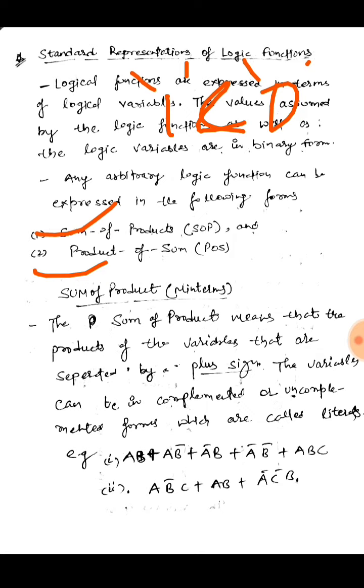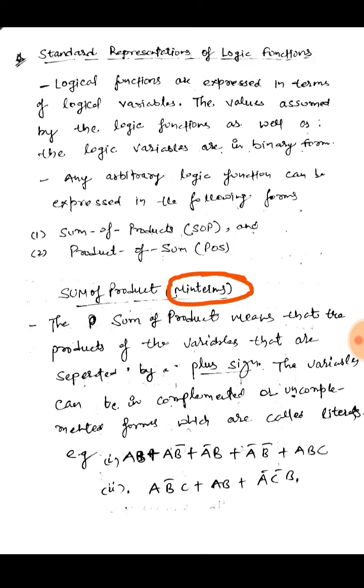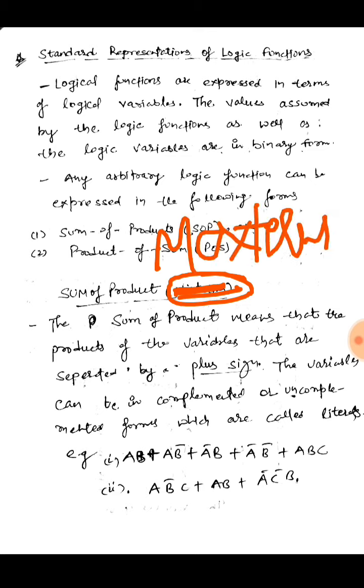First is sum of product form, or the sum of max terms. The product terms are called max terms. Sorry, I said min terms earlier, but it should be max terms.